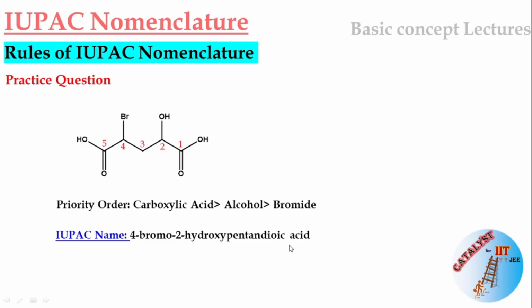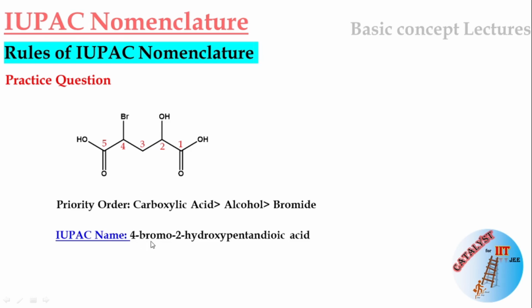But according to the rule, you have to add a suffix for only one functional group, and that should be your topmost priority functional group. And in this example, the topmost priority functional group is the carboxylic acid. So you have to add a suffix only for the carboxylic acid, and the other functional groups should be added as prefixes.